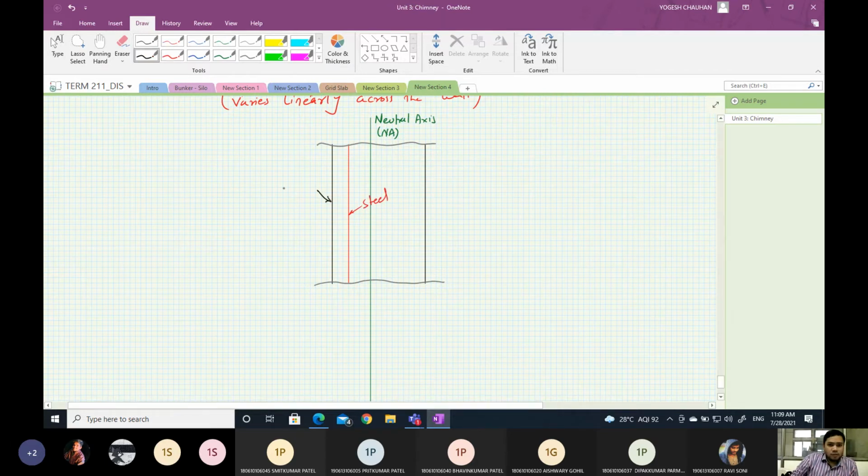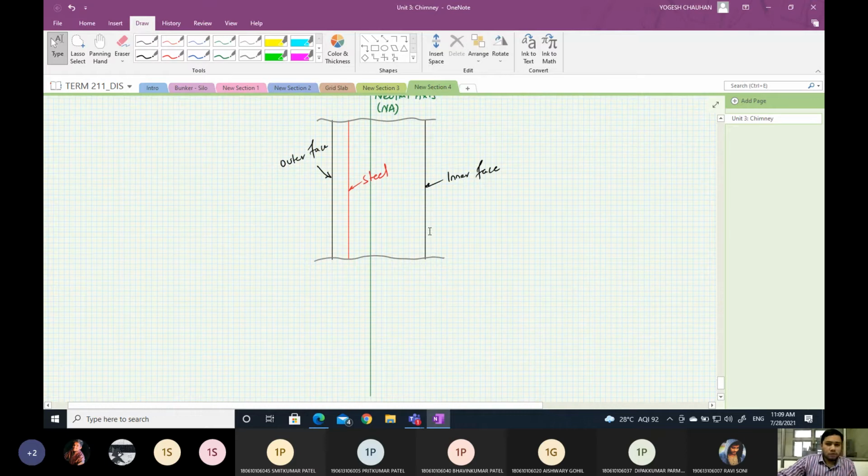This is the outer face, and this is the inner face. Now the temperature variation will be linear between the outer and the inner face.